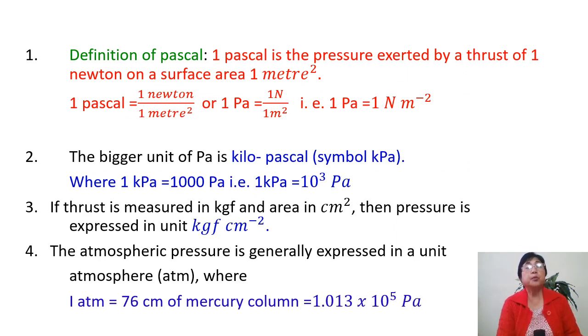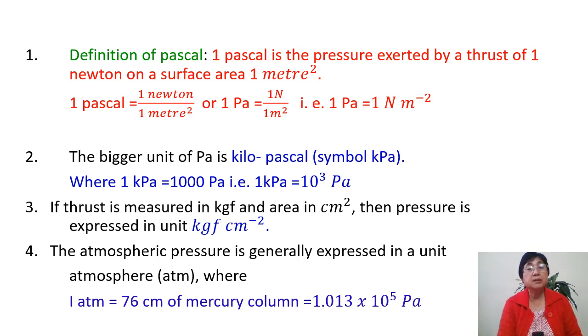Definition of Pascal. 1 Pascal is the pressure exerted by a thrust of 1 Newton on a surface area of 1 meter square.